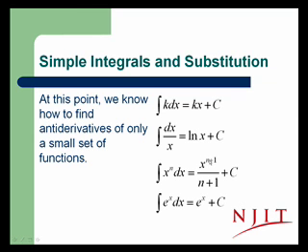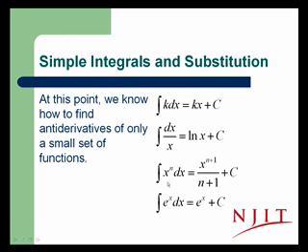On today's show we'll discuss some simple integrals and the method of substitution. So far we only know how to find the antiderivatives of a small set of functions. Some examples of those are that the integral of a constant k is kx plus a constant. The antiderivative of dx over x is the natural log of x plus a constant.